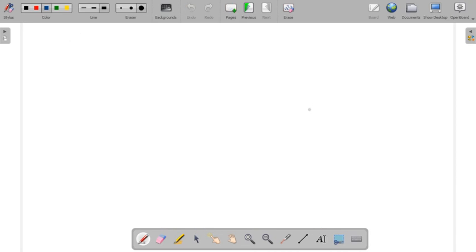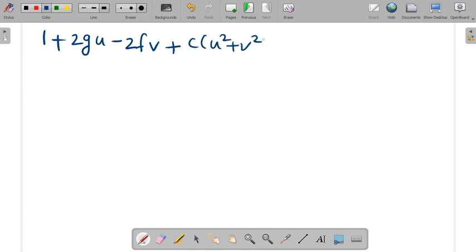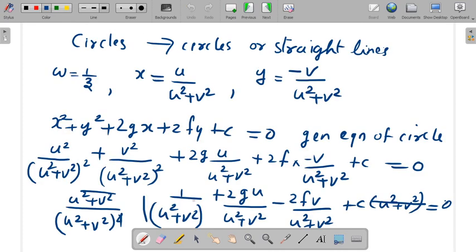Multiply throughout by (u² + v²), and you can change this into the expression 1 + 2gu − 2fv + c(u² + v²) = 0.